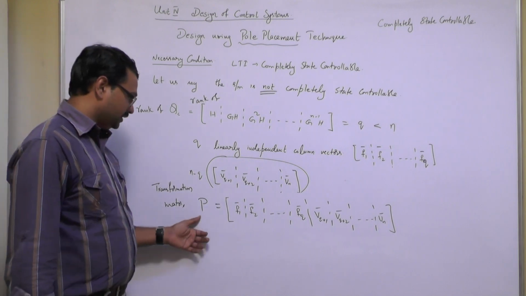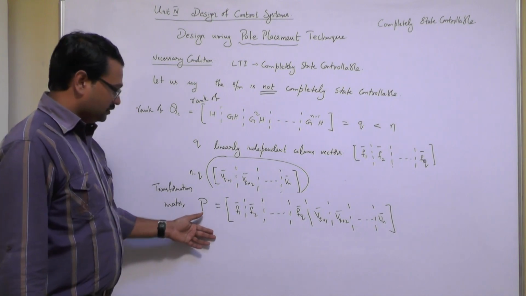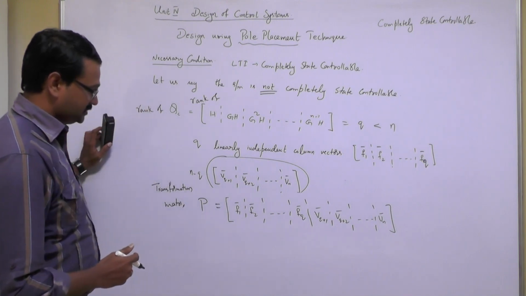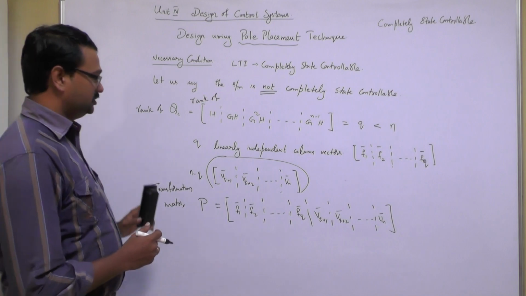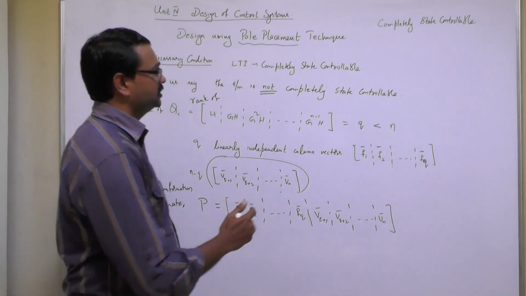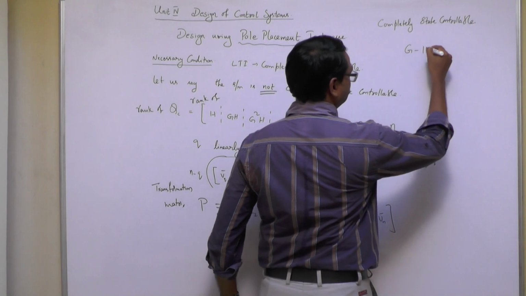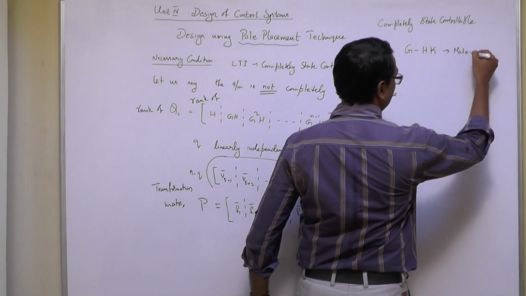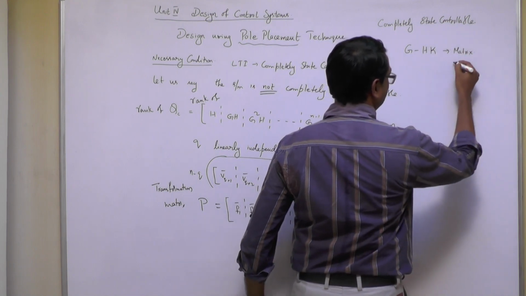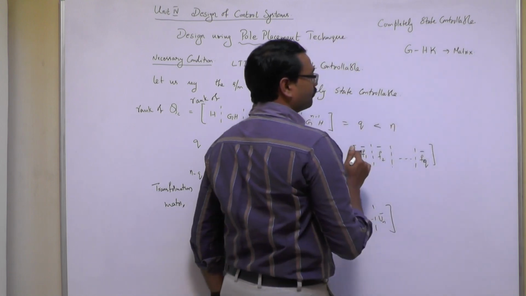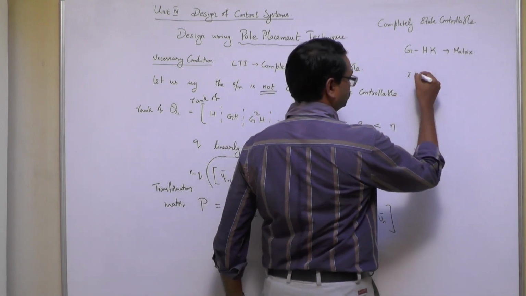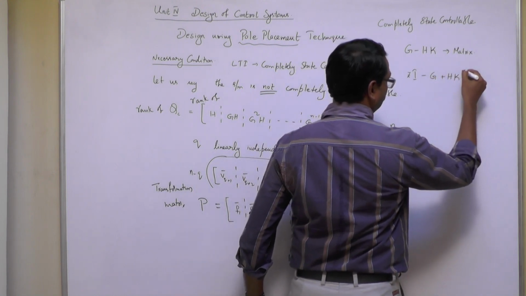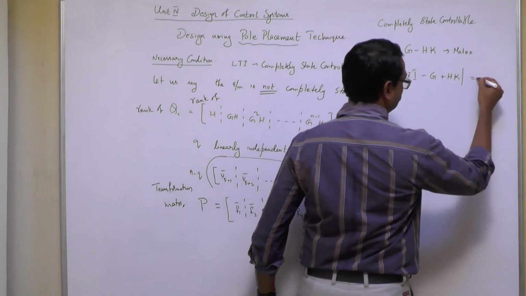Now with this in mind, we have the matrix g minus hk, whose characteristic equation can be obtained from the determinant of zI minus g plus hk equal to 0.